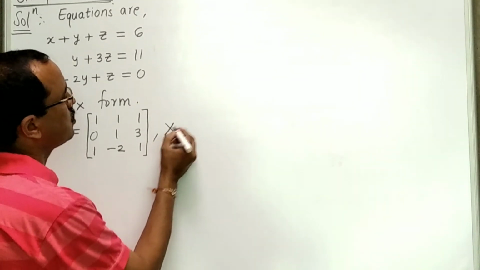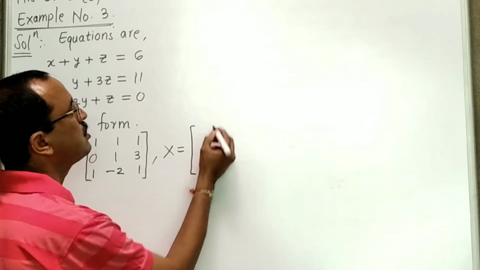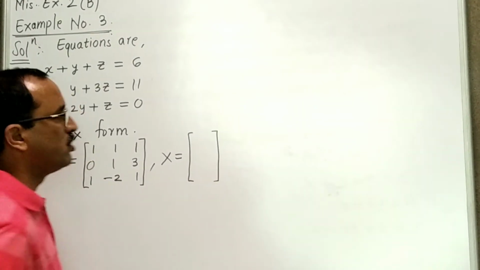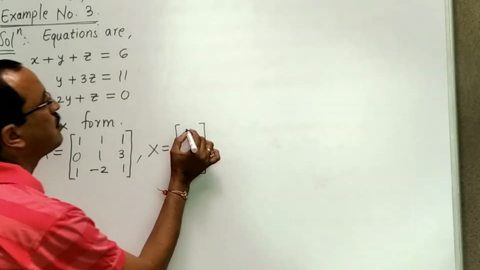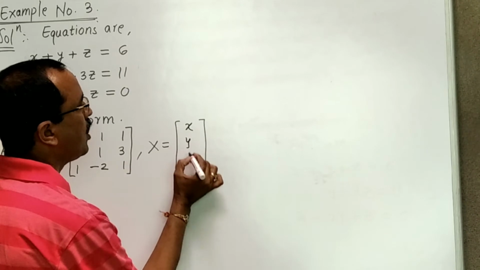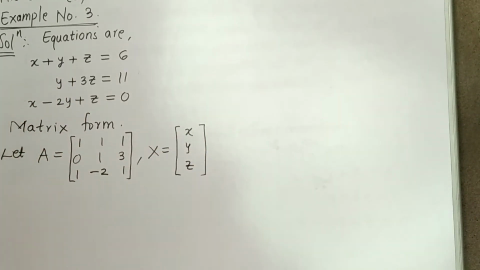Then matrix X means the 3 numbers. This is a column matrix x, y, z. We have to find these 3 numbers.